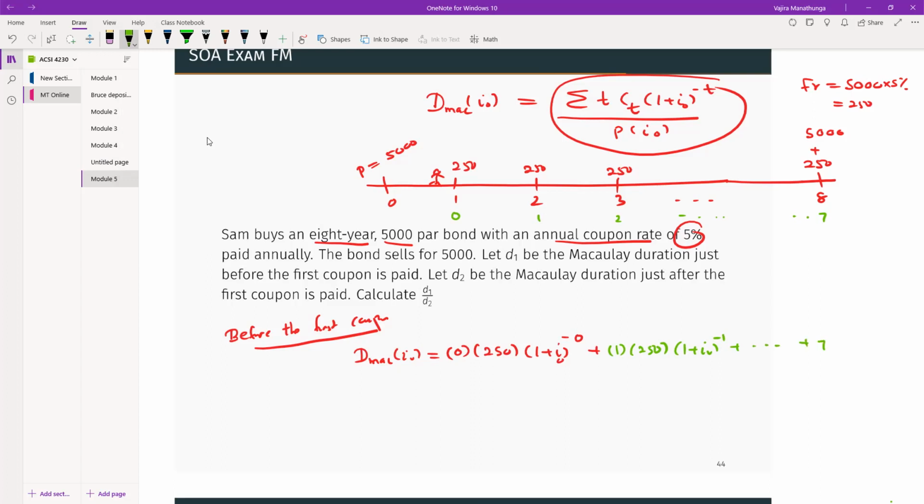The last one is t equals 7: 7 times 250 times (1 plus i naught) to the negative 7. Then divide by the price. What's the price for this one? Before the first coupon it becomes an annuity due, so basically you have the present value of 250 as an annuity due.